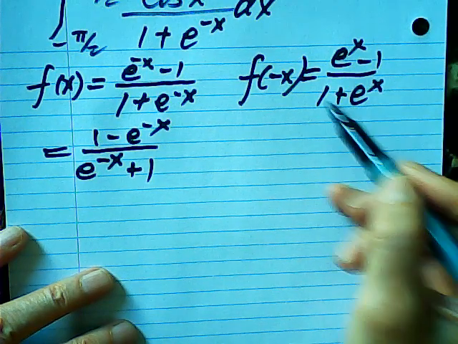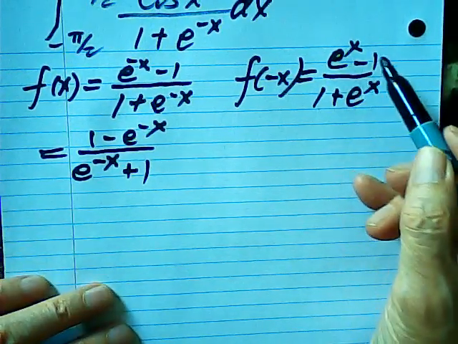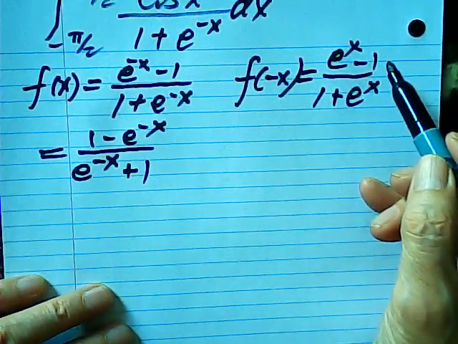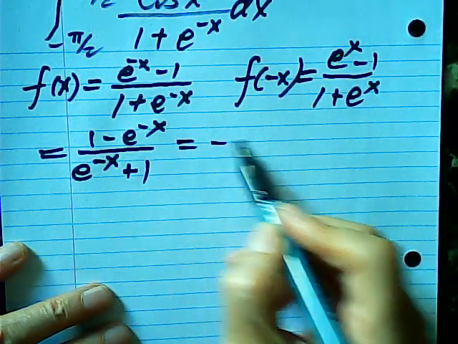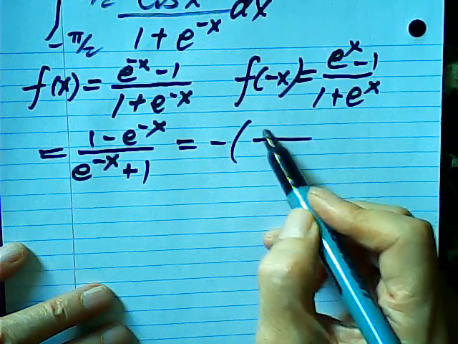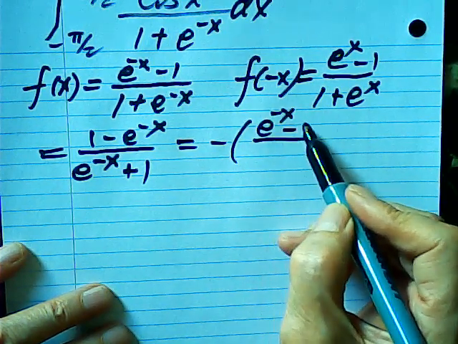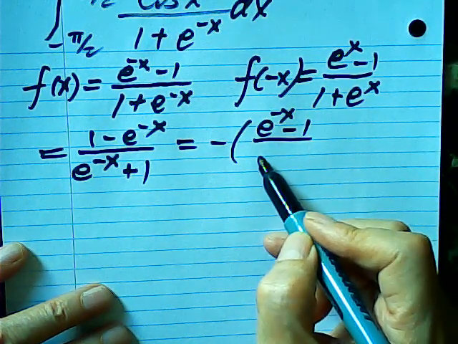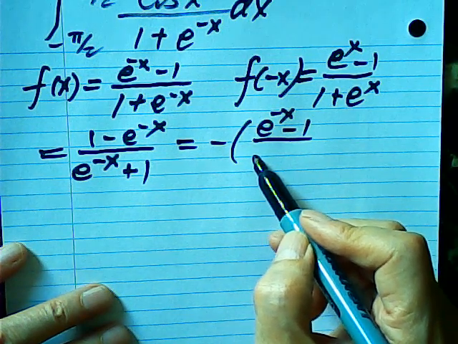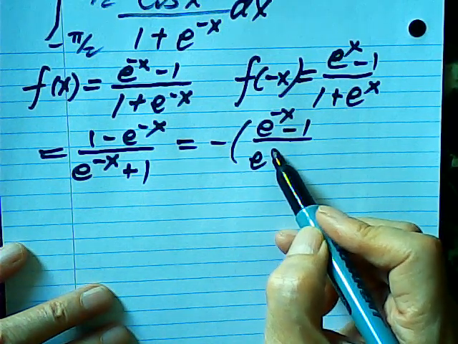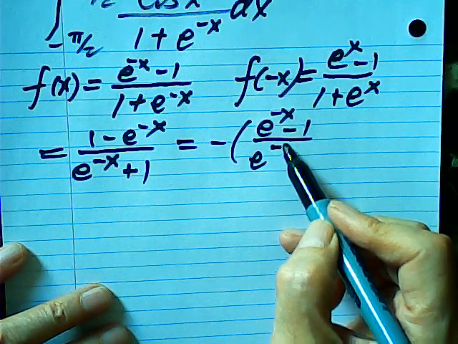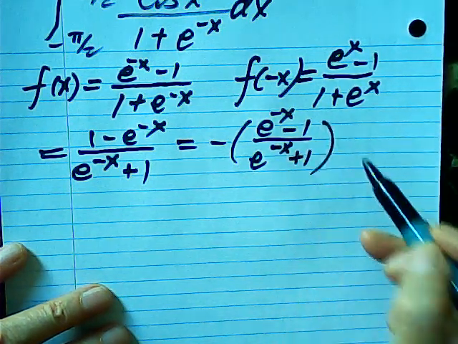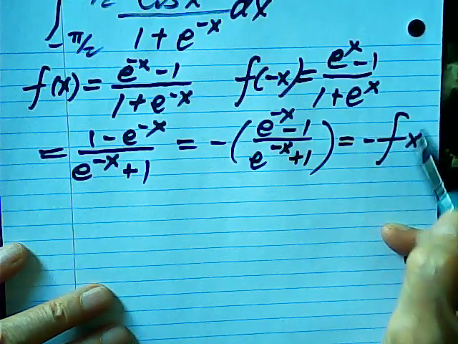Multiply this rational function by e to the negative x, both top and bottom, so it becomes this one, equal to negative e to the x minus 1 over e to the x plus 1. Okay, so that's equal to negative f of x.